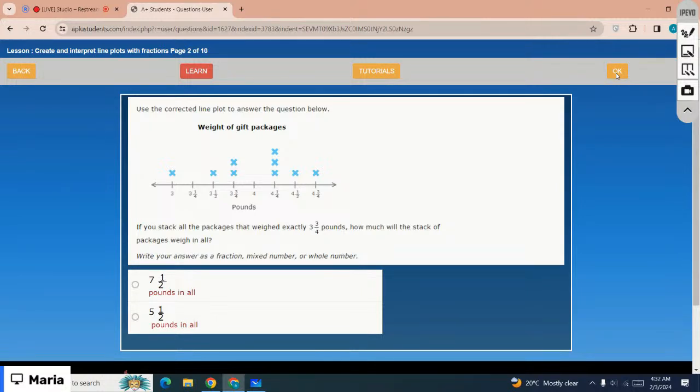Use the corrected line plot to answer the questions below. If you stack all the packages that weighed exactly 3 whole 3 by 4 pounds, how much will the stack of packages weigh in all?